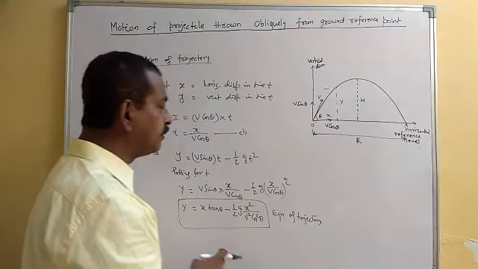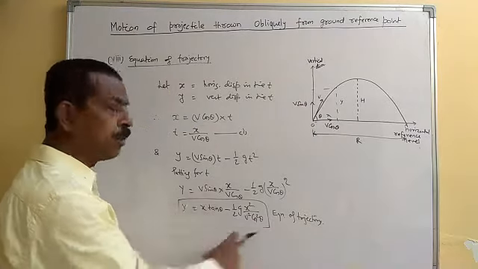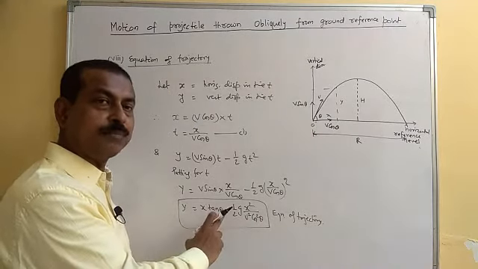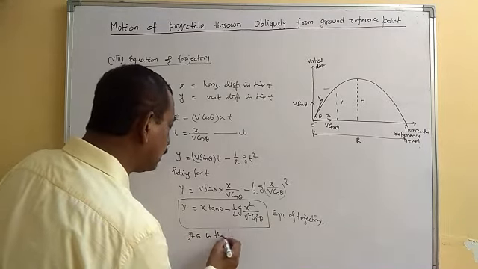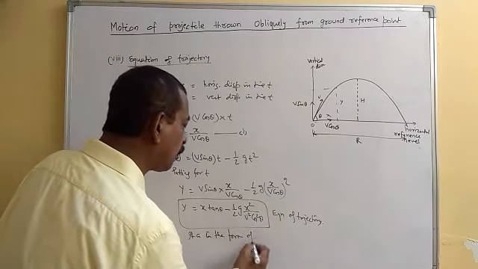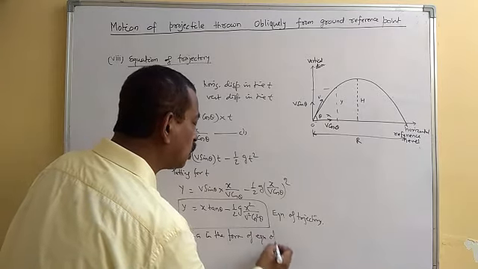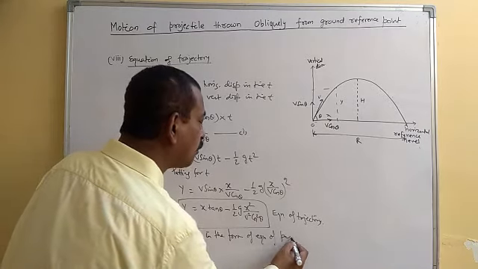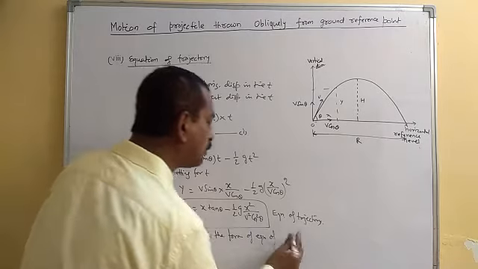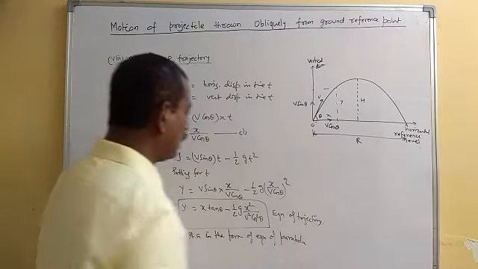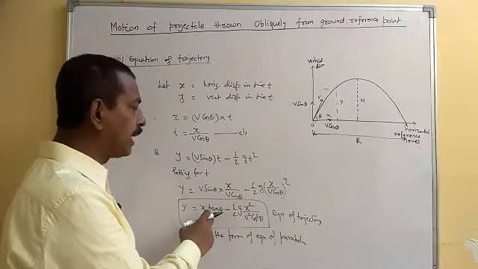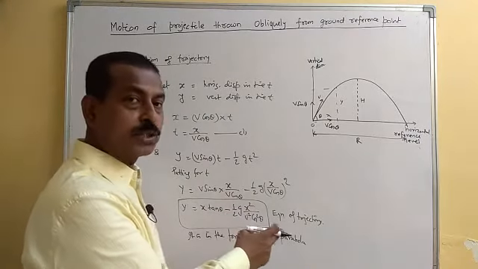Now you can see this is in the form of the equation of a parabola, because it is just like y equals ax plus bx square.